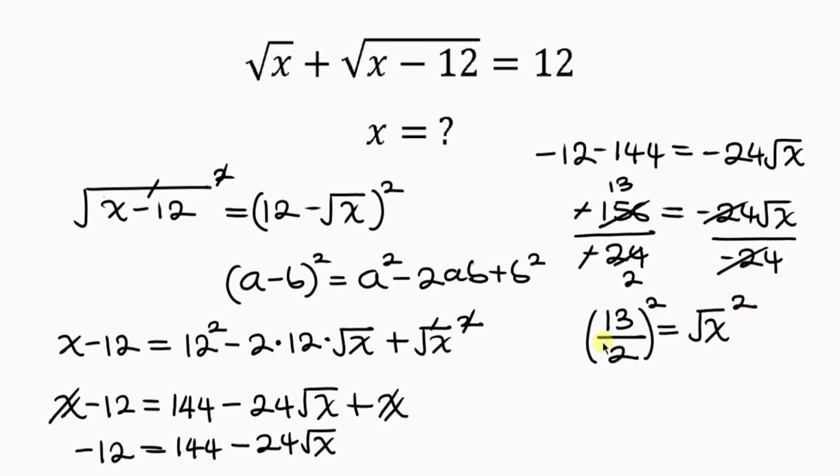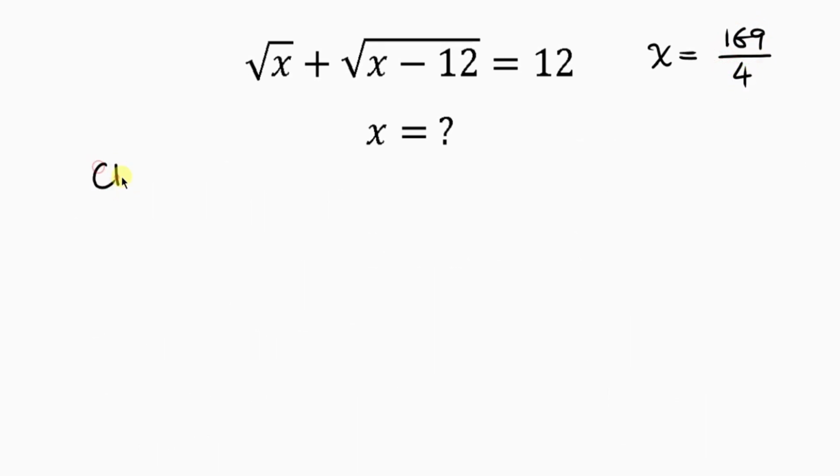Now squaring the left, 13 squared is 169 all over 2 squared, which is 4. And on the right-hand side, this square cancels out the square root, leaving behind x. So we have the value of x equal to 169 over 4.